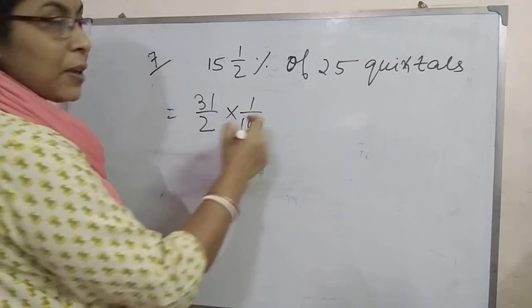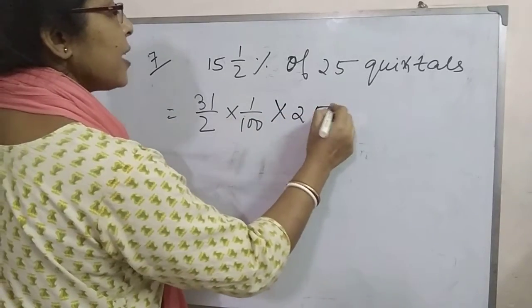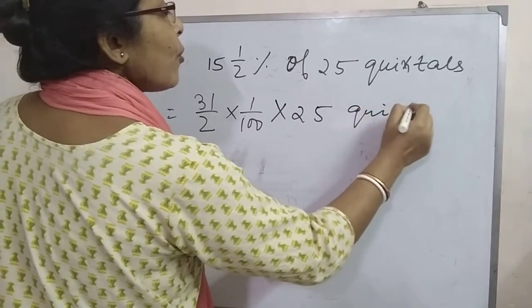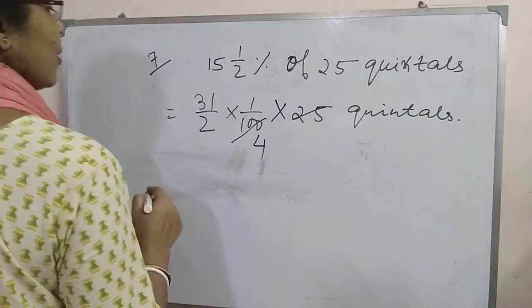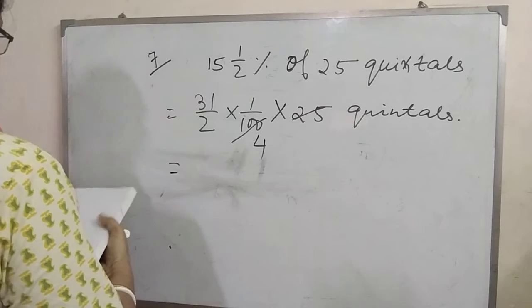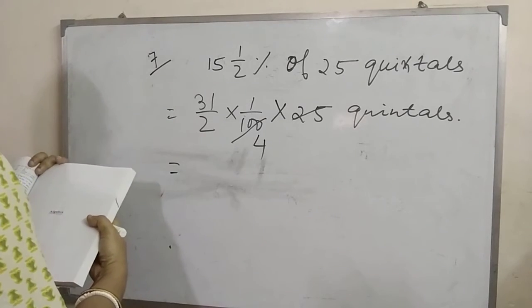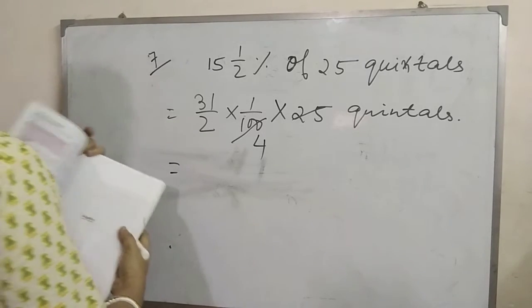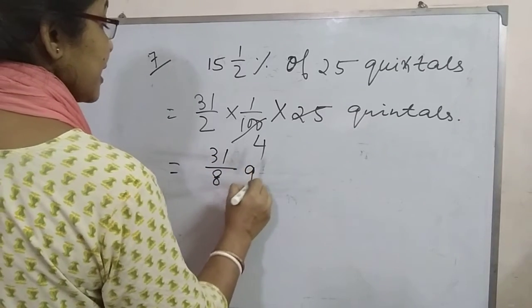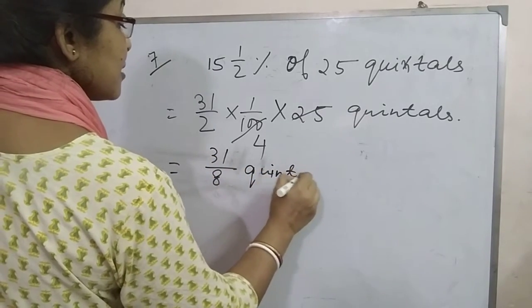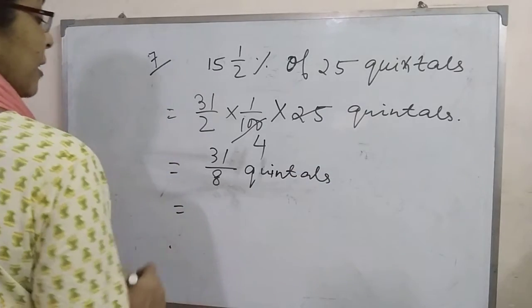Percent is equal to 1 by 100 into 25 quintals. Okay. This is equal to 31 by 8 quintals. Okay.